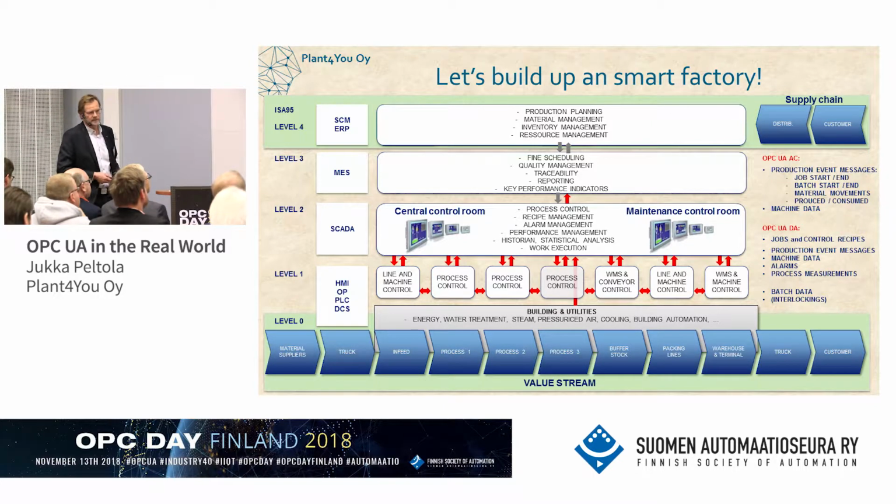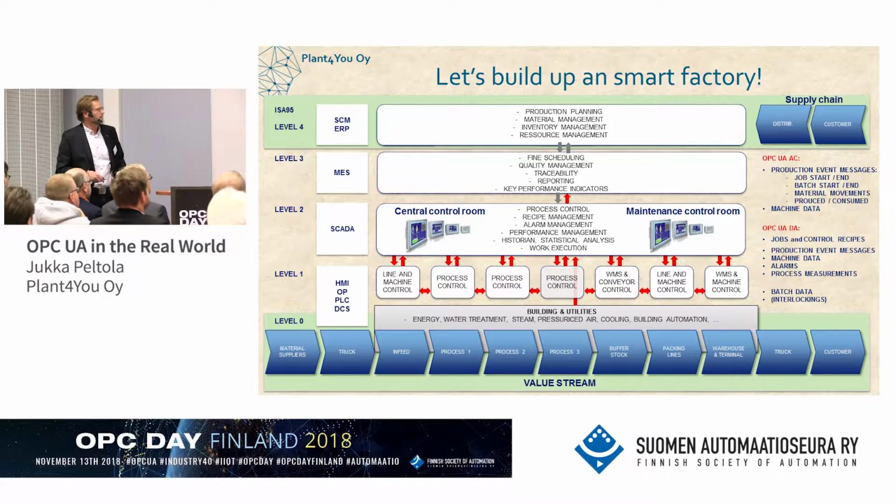So we started with this greenfield, of course, designing the building and the utilities, and these are a very important part of the factory, because if this is not working, then the automation system doesn't work, and the control of the value stream doesn't really work.